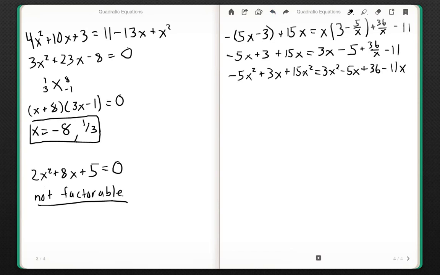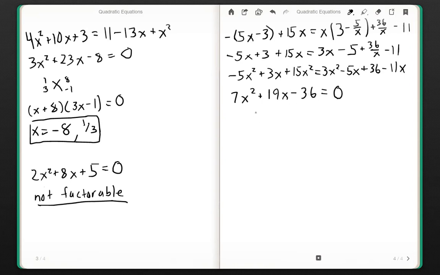Negative 5x squared plus 15x squared is 10x squared. Minus 3x squared will be 7x squared. 3x plus 5x is 8x. Plus 11x will be plus 19x. And then 36 will be brought over to this side as well, so it'll be negative 36. Yes, I believe we did that right.